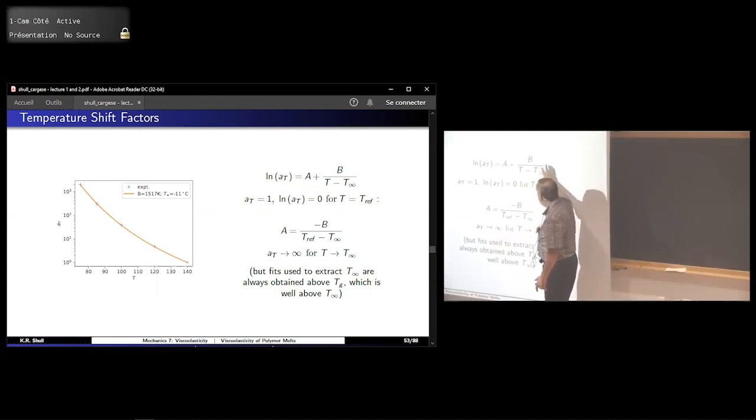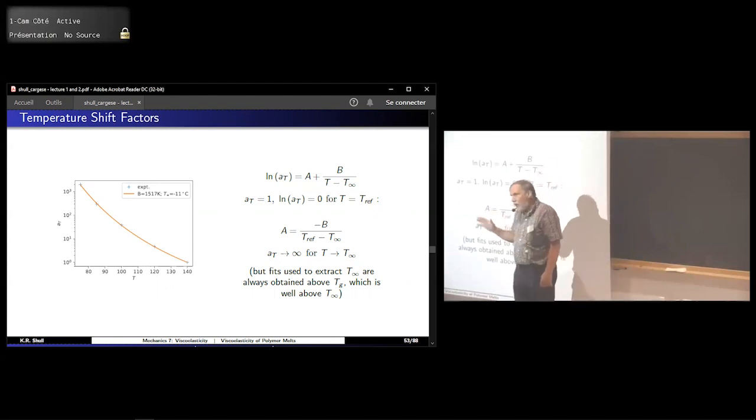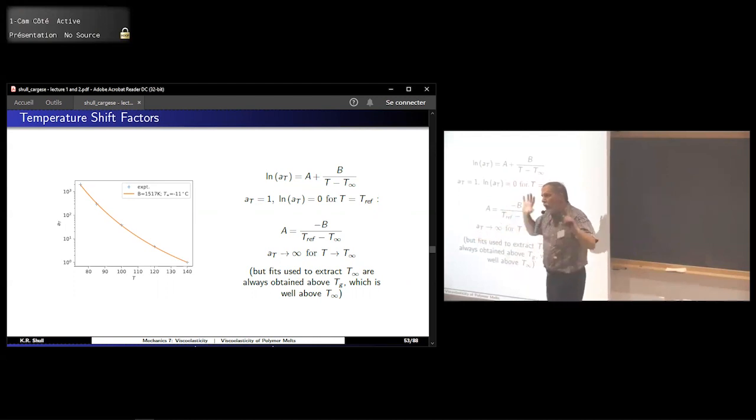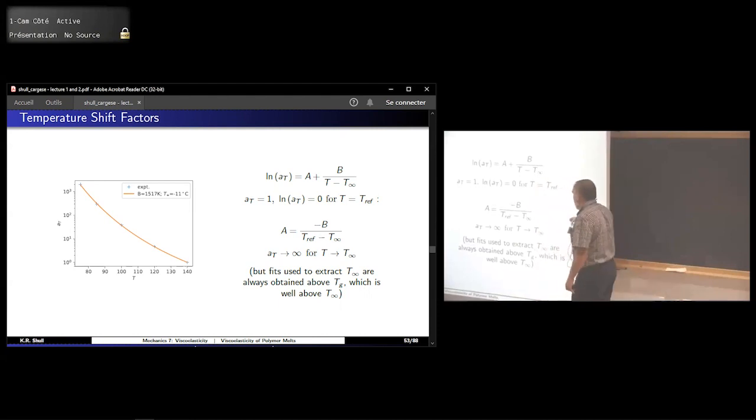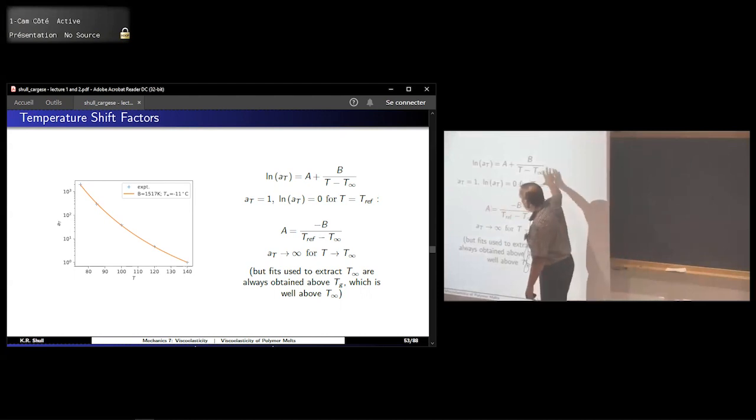There's a bunch of theories, approximate models, pictures of what this might correspond to. The important thing to keep in mind is that it's always determined by fits that are well above this T infinity, so it's easy to ascribe more to that physically than it really deserves. We're always fitting forms like this.